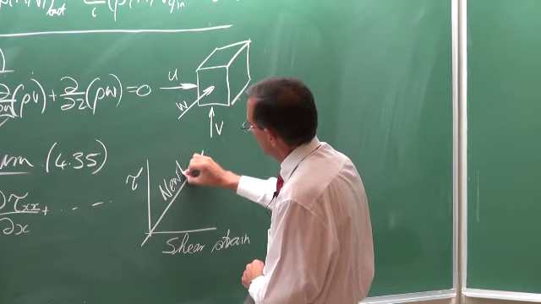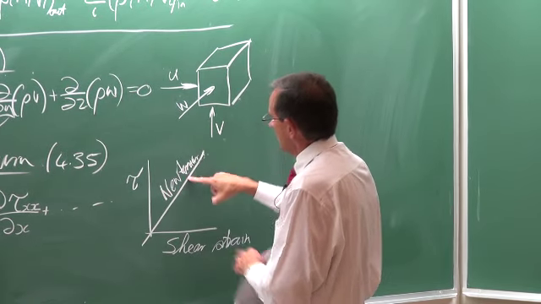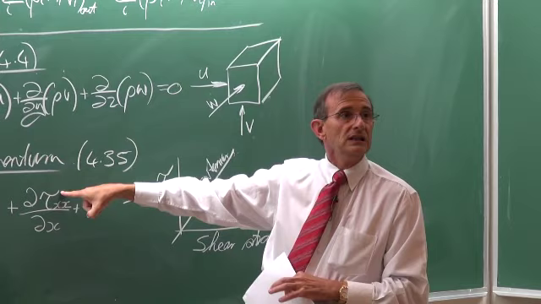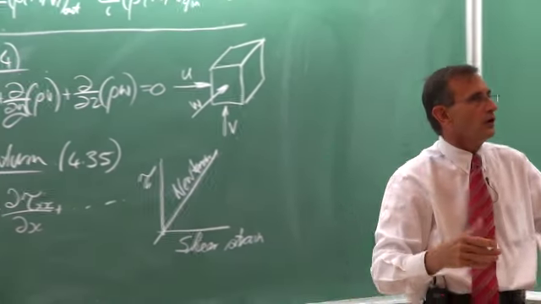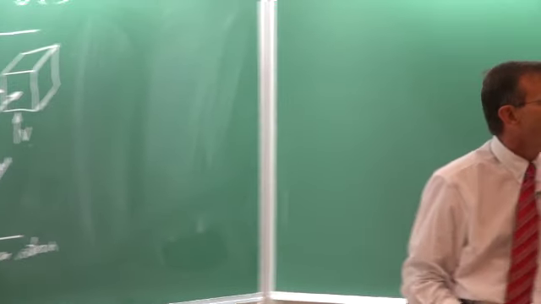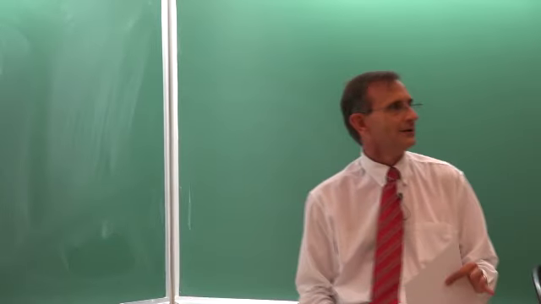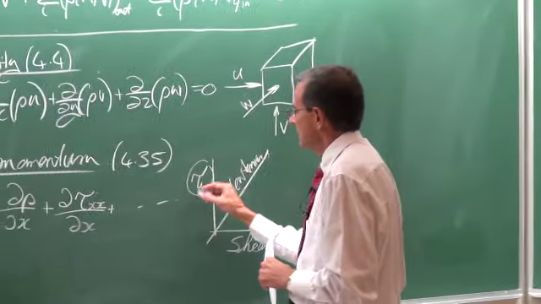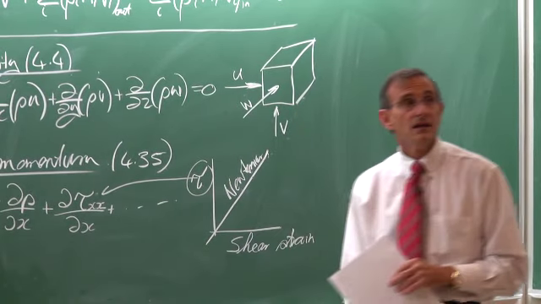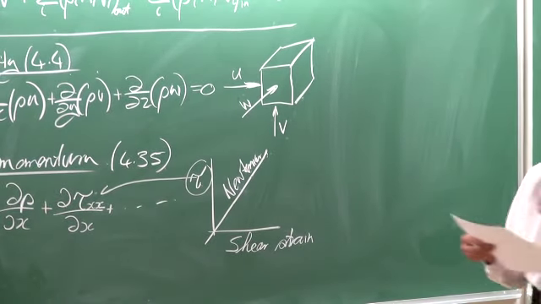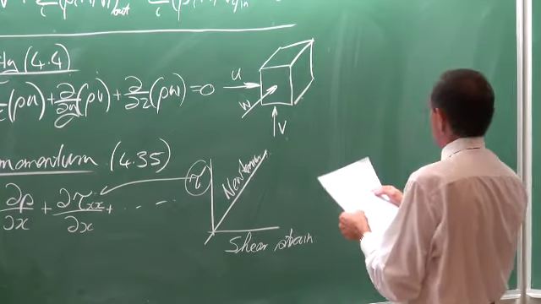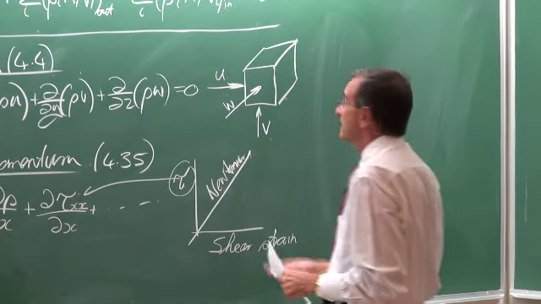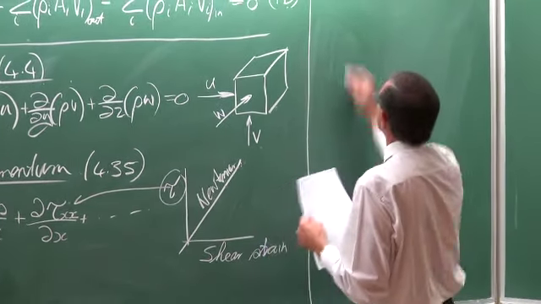It's Newtonian. Now, if we make this assumption in these terms, we can make the equation more simple. Okay, so if we make this assumption that it's linear, then we can get what we call the Navier-Stokes equations.